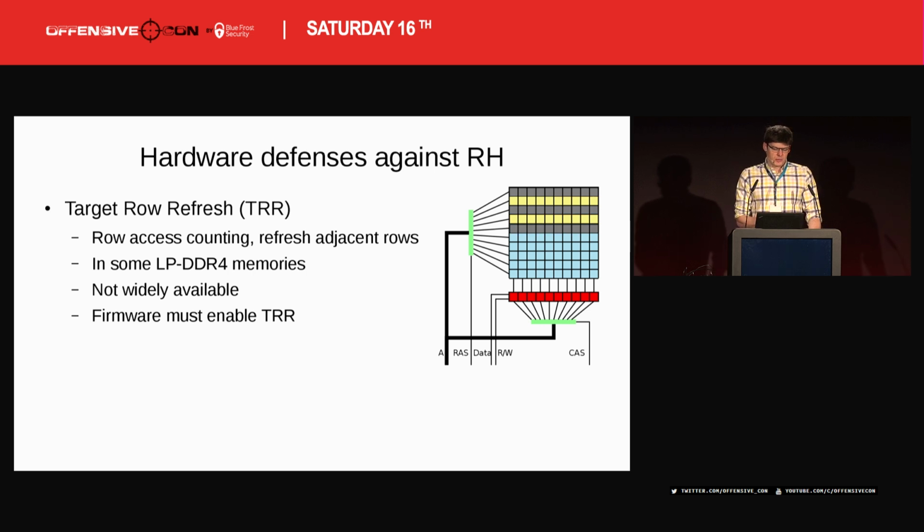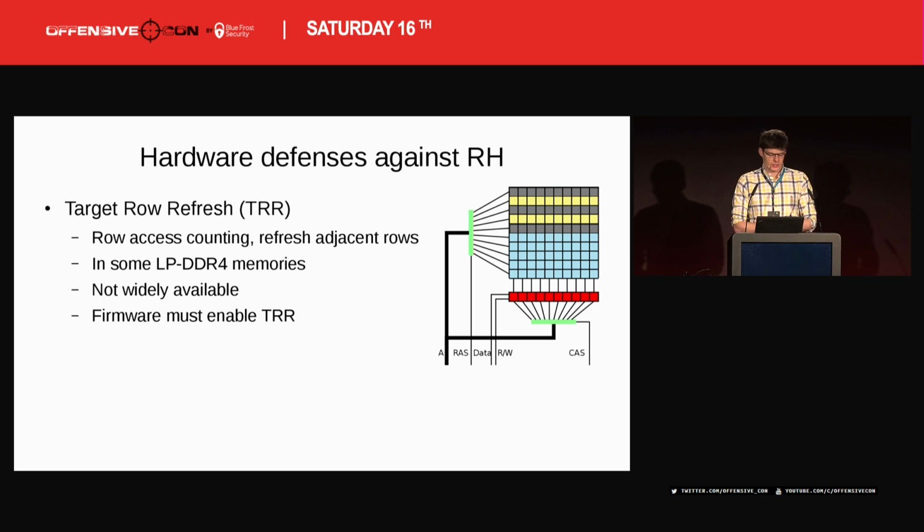This is fairly new. It's been pushed in the LPDDR4 standard, but it requires collaboration with the firmware. The BIOS has to enable this, and the memory controller has to be aware of all of these things. So by default, it doesn't come enabled, for sure. This is one of them, which we will probably see evolve in the future.